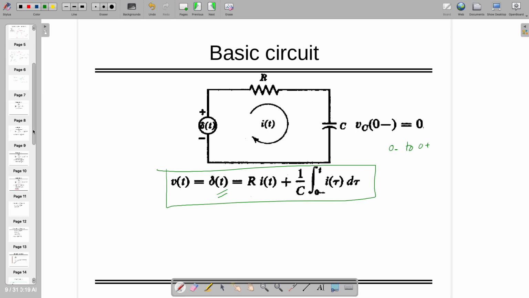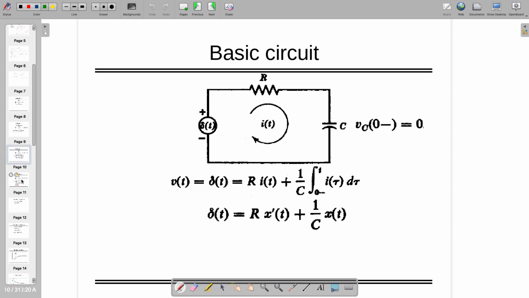Now what is happening next? Because we want to solve this equation so that we can find out what kind of response we are going to see. Right now I know that I can solve this differential equation which does not have any integral. So the trick is, let's remove the integral part.